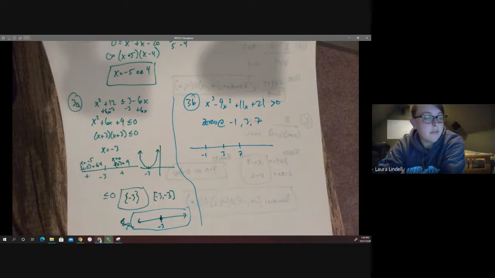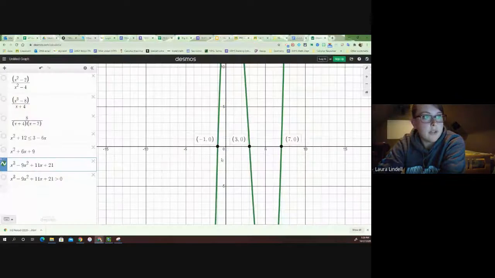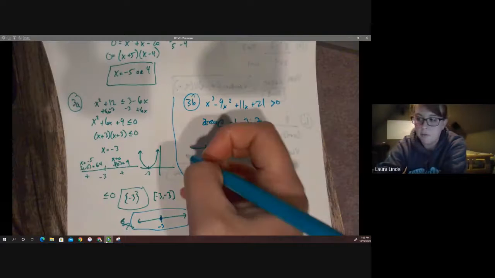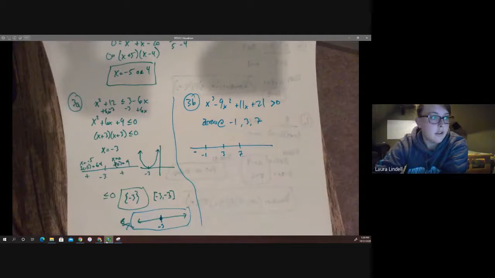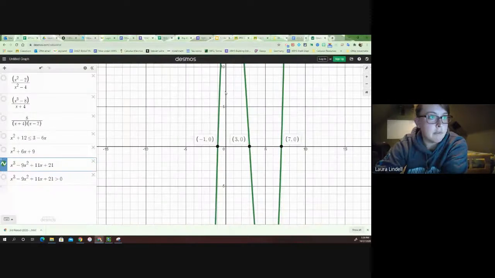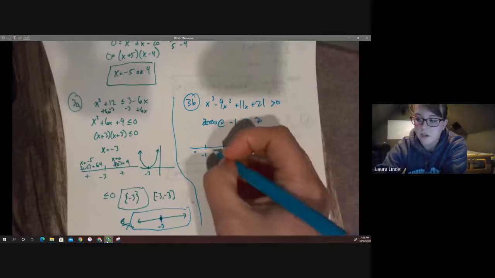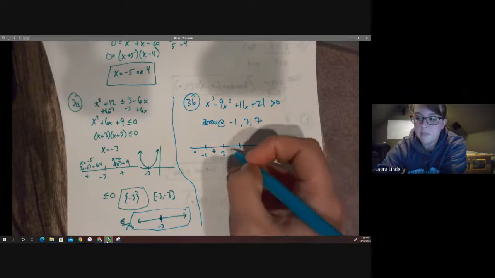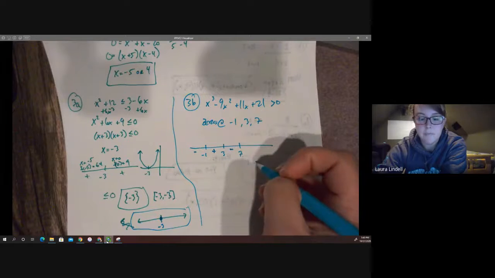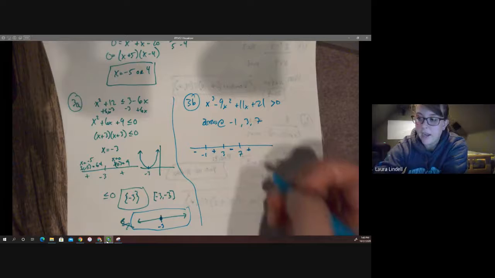But since we have graphing technology, we can notice that up until -1 this function is negative, so on my sign chart I would put negative until -1. Then it becomes positive between -1 and 3, then negative again between 3 and 7, and then positive again after 7.